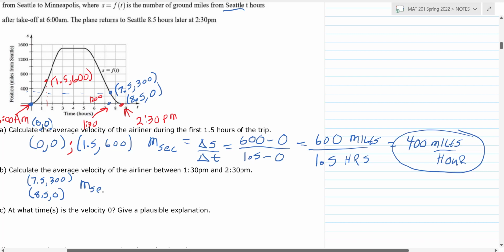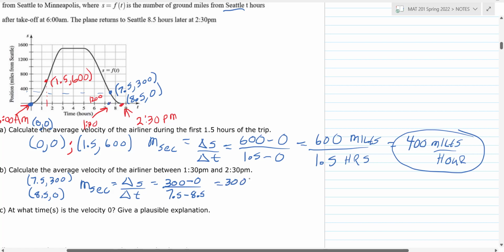So you do the slope of a secant line, which is delta S over delta T. Find the change in displacement, and be consistent in the order you subtract these. So I'm going to go 300 minus 0. And then for the change in time, I'm going to subtract it this way. You could do everything backwards and get the same answer.